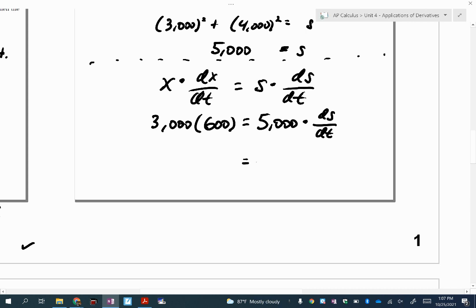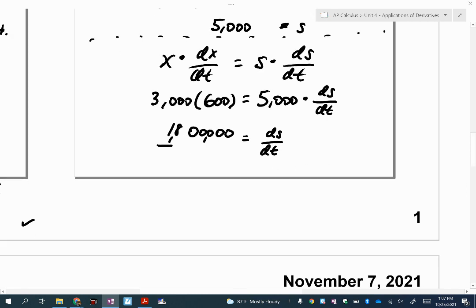All right, doing some algebra here. That's going to give me 18 and then 5 zeros, that's going to be 1.8 there, and then all over 5,000. You can cross out some zeros if you'd like. I'm going to move to decimals to actually calculate what this number is.